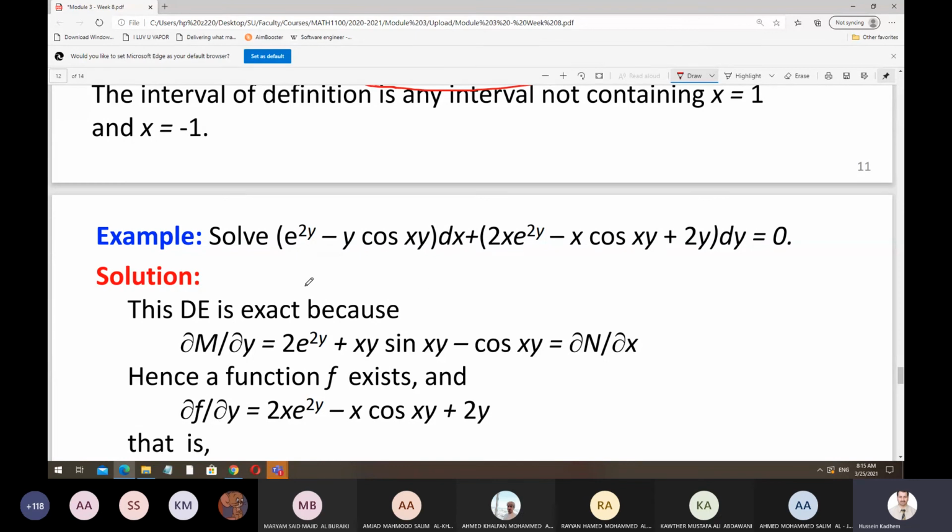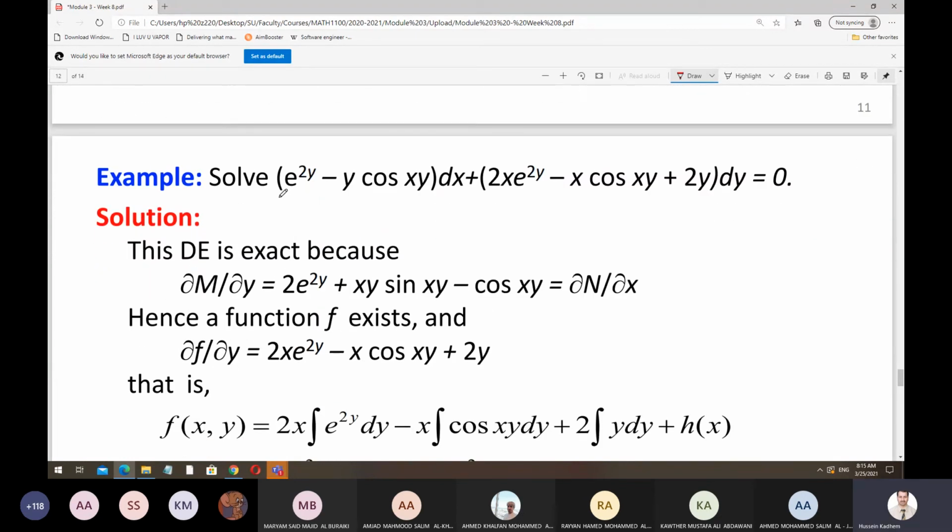Have a look. He told me that this is the equation. This is M, clear. This is M dx, and this is N dy. Now let me take M and differentiate with respect to y. When I differentiate this with respect to y, exponential to y, it will be 2 exponential 2y, plus exponential minus y cosine xy. Oh, this is like uv. You remember uv?